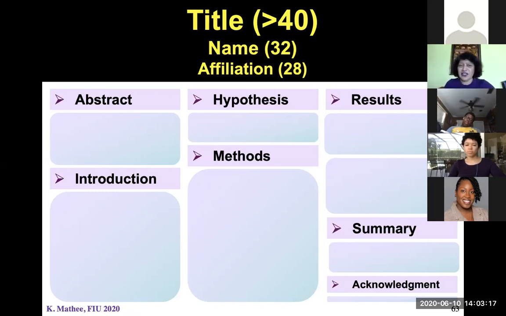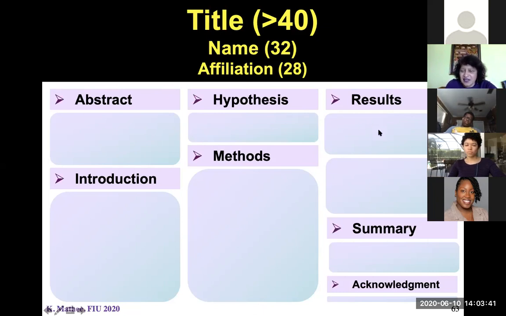If somebody is interested in you, they'll go and look up the affiliation. And then each section, you put the text inside here. Again, the font matters. And you can have hypotheses and then methods. You can either have one big method, or you can have subsections, right? 3-4 sections.